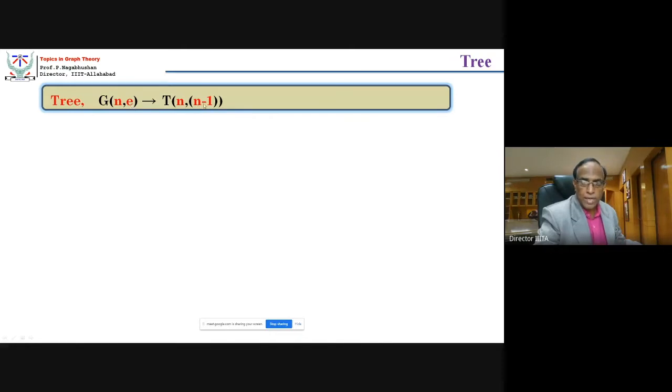They should satisfy certain properties. Therefore a tree is a subset of edges, and in general a tree is a subset of a graph.